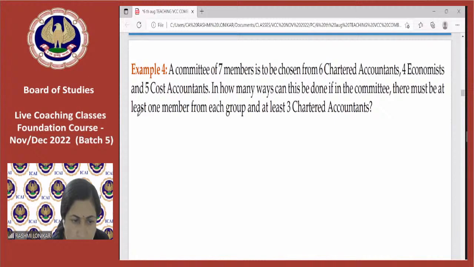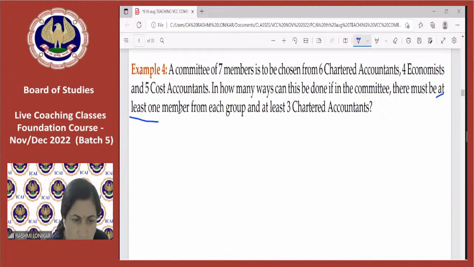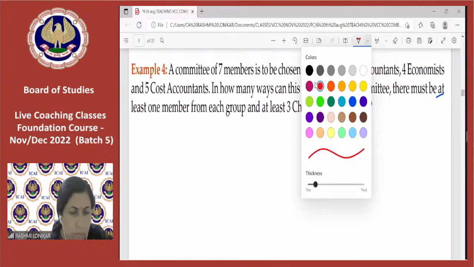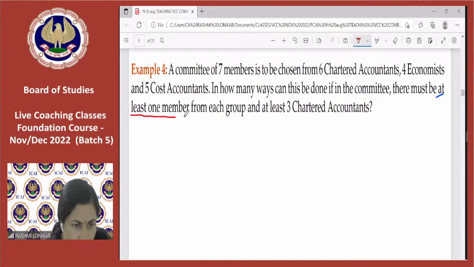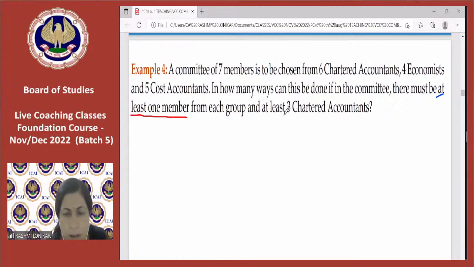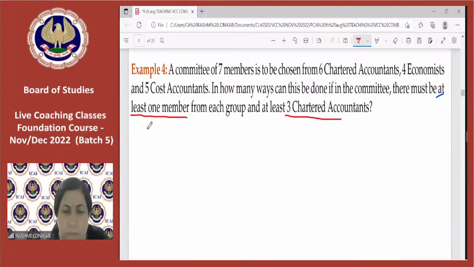Okay, so important line is at least one member. At least one member from each group and at least 3 CAs. Okay.